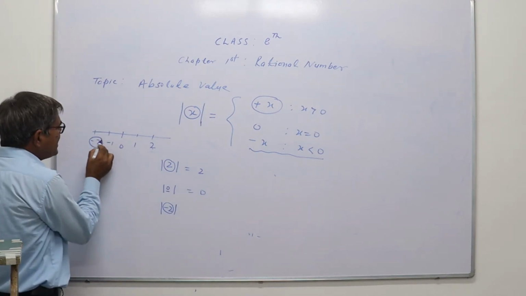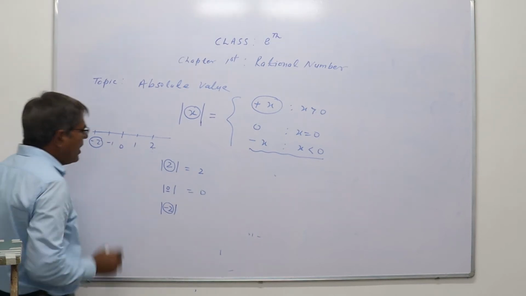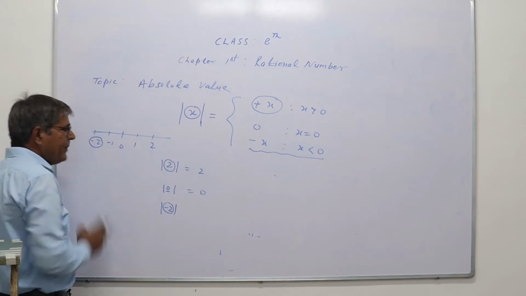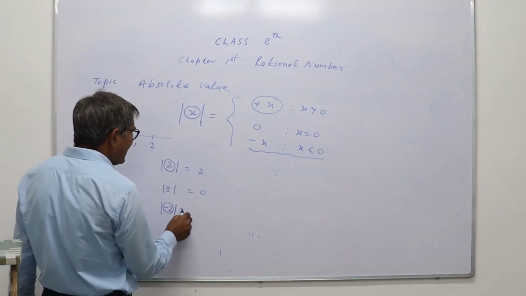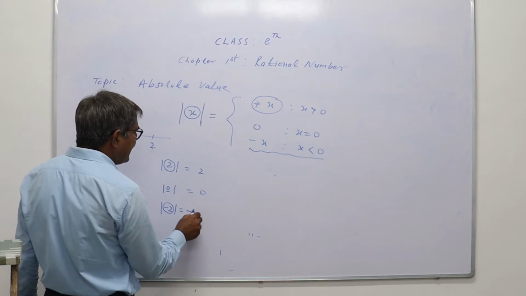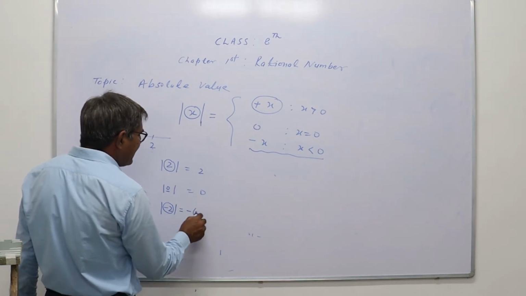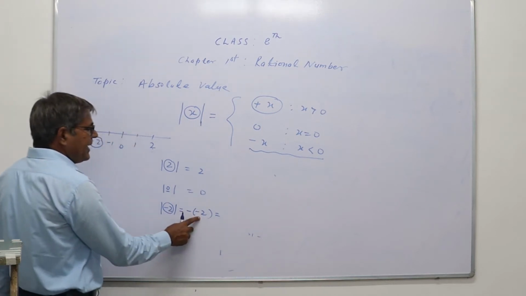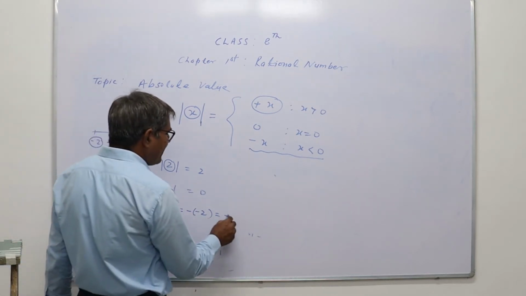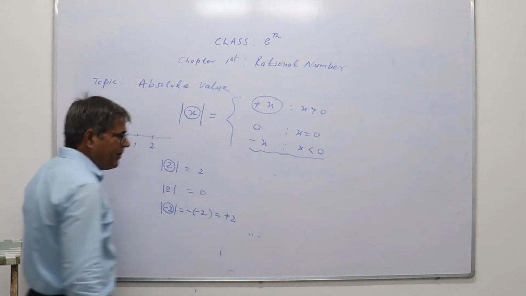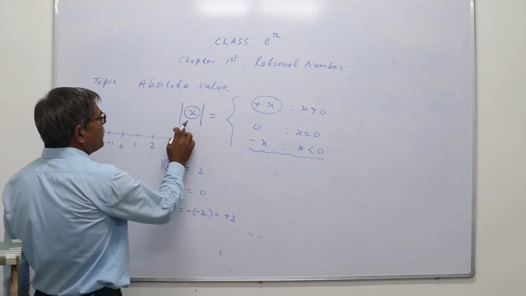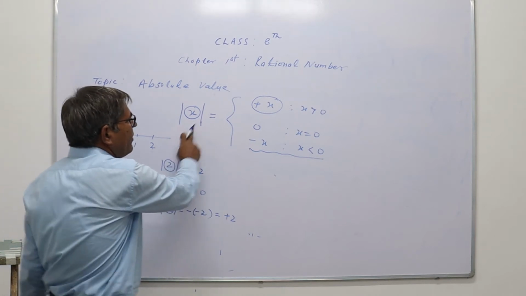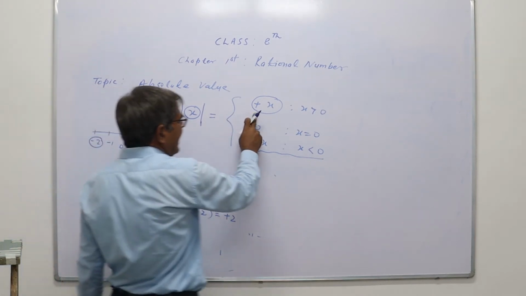So this minus 2 is less than 0. अगर कोई भी रियल नंबर जो 0 से छोटा है then its absolute will be minus of that real number. So minus of minus 2 will be, when minus is multiplied by minus, that will be plus.